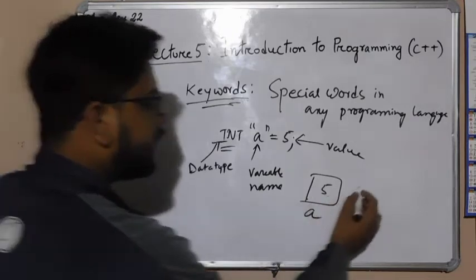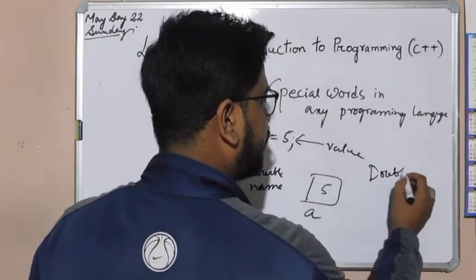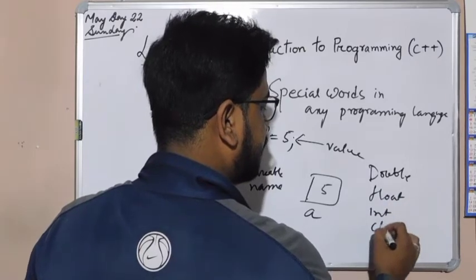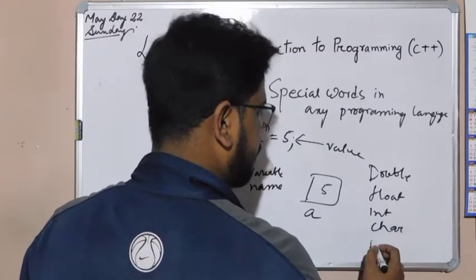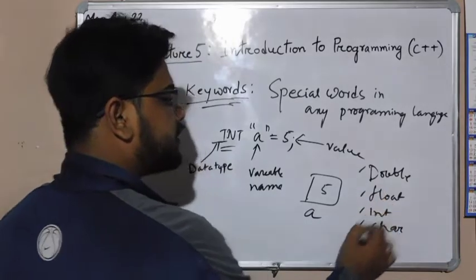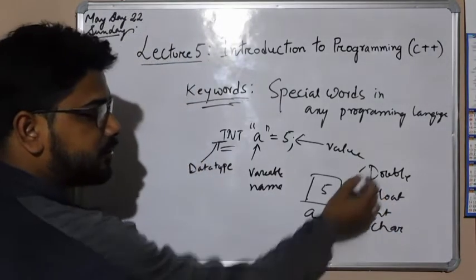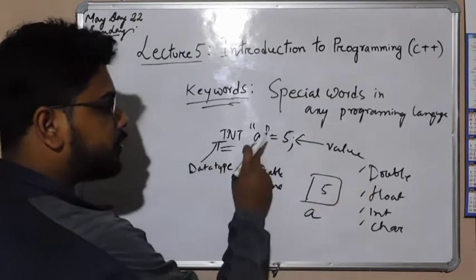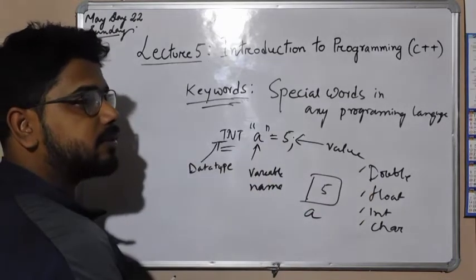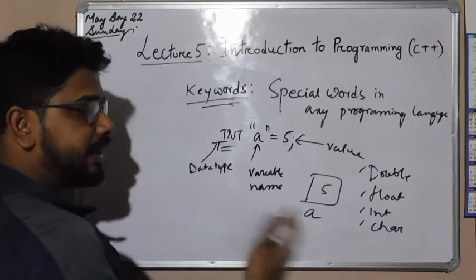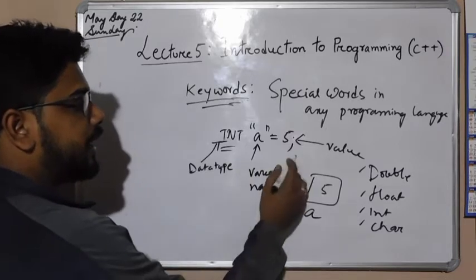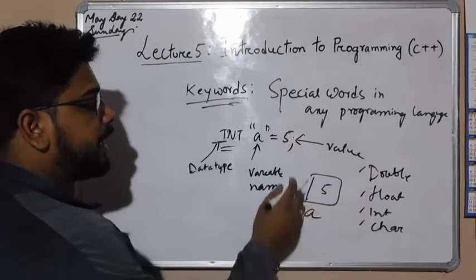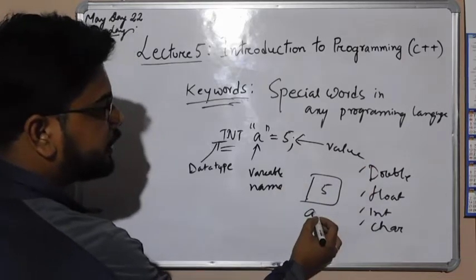For example, let's say double, float, int, char, right? So these are special words or keywords. These all are data types, but actually these are keywords. So these keywords cannot be used as variable names or any other function, they cannot be used to give a name to a variable.